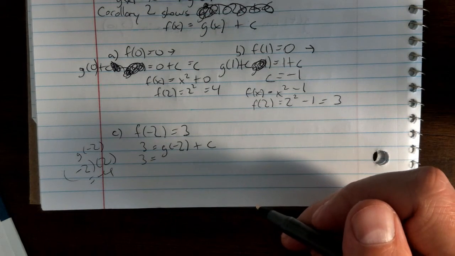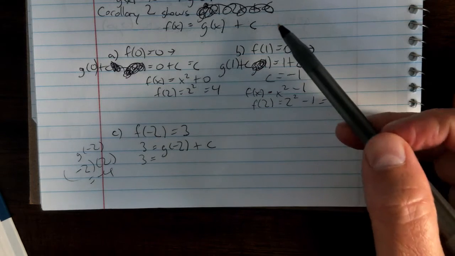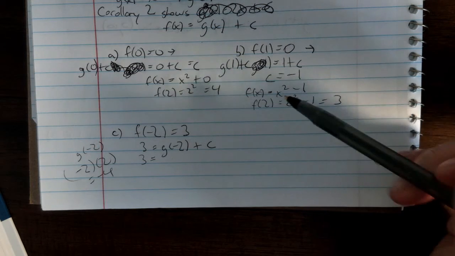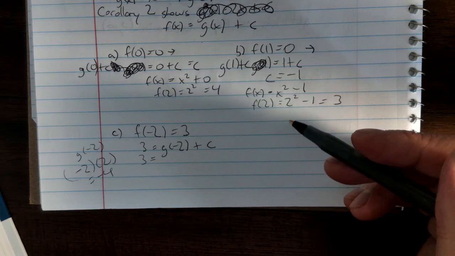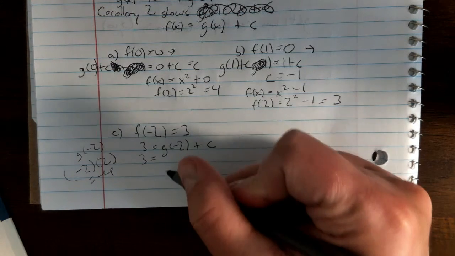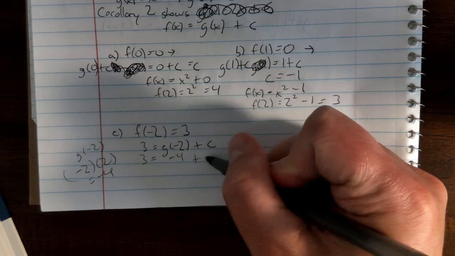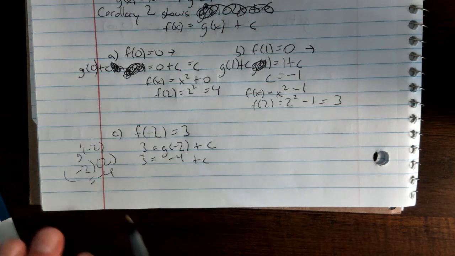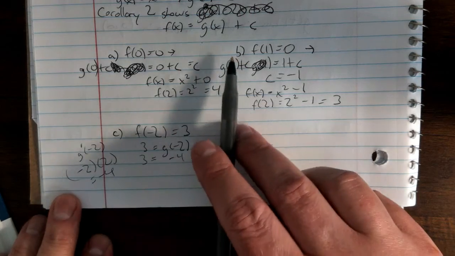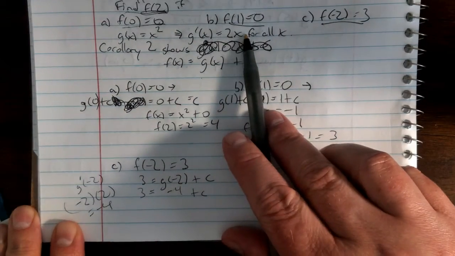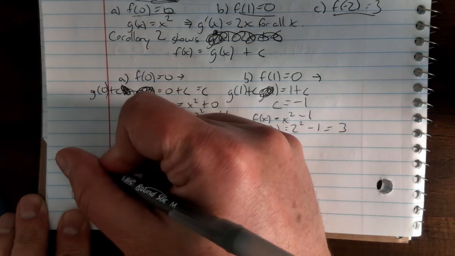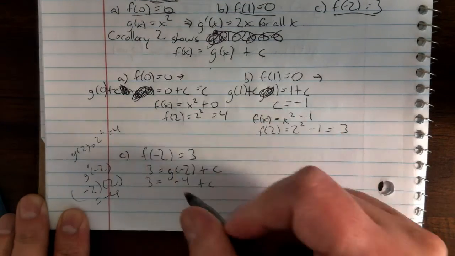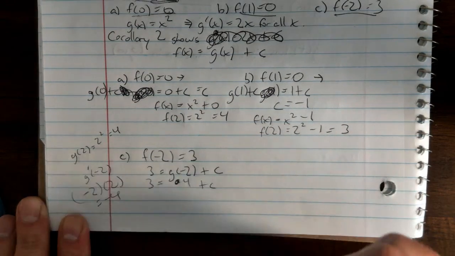And so we get negative 4 plus c. Okay, so what I noticed is this was g prime because I was looking over to the side, 2 times x, but we wanted g of 2, and so using that, that'd be 2 squared, which is positive 4. So we have 3 equal 4 plus c.